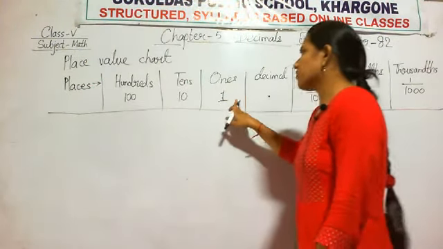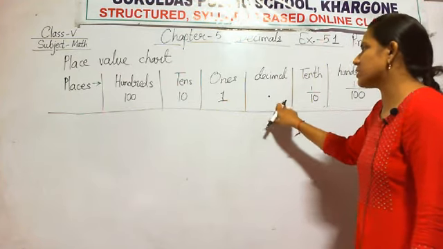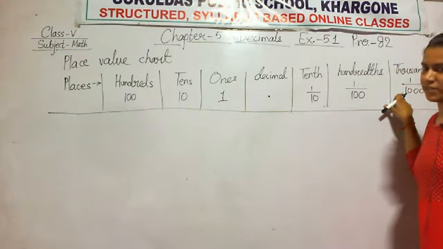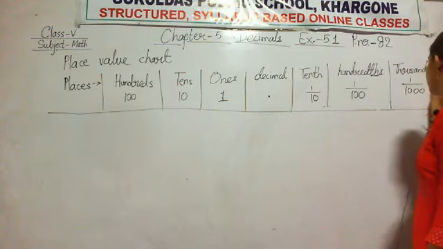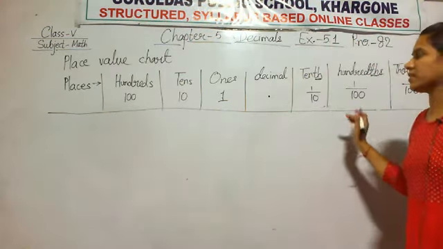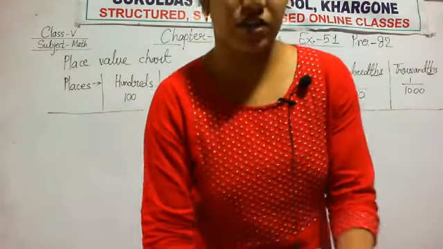But the places right of the decimal are tenth place, hundredth place, thousandth place, and so on. These are the places right of the decimal. Okay? Now, question number 3.